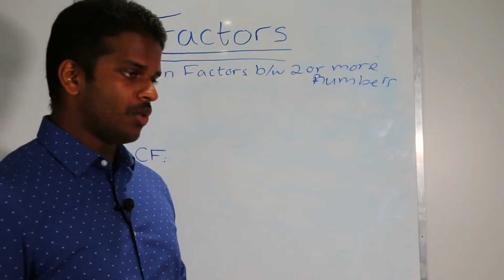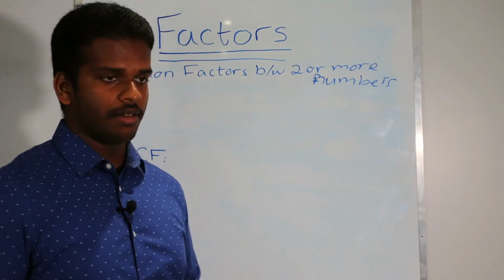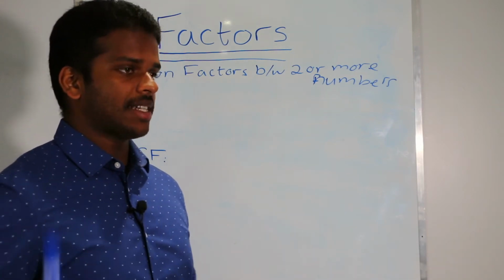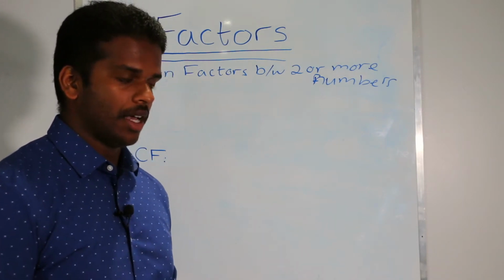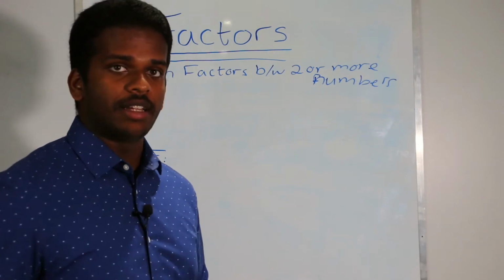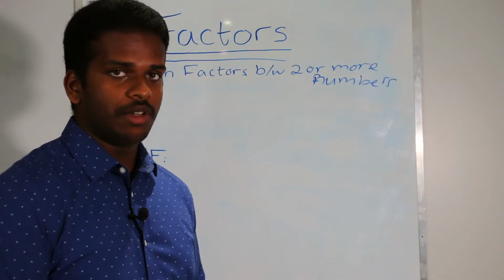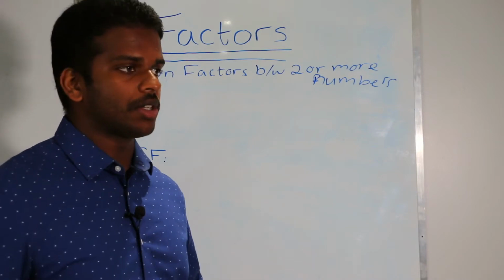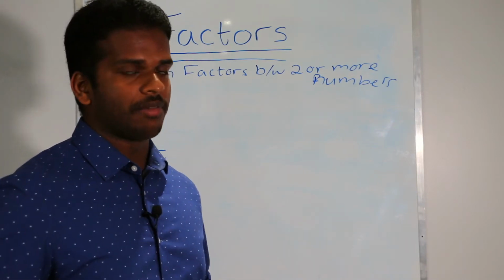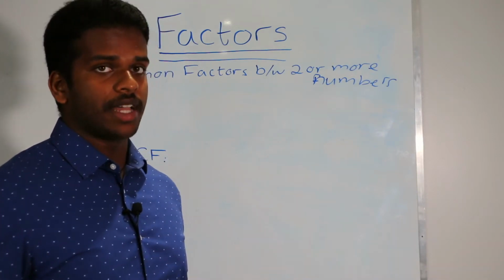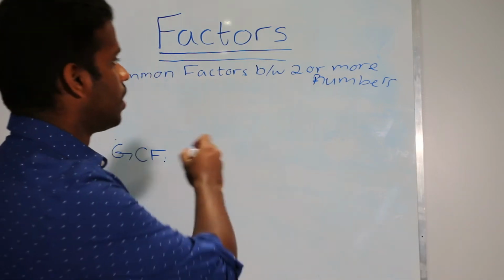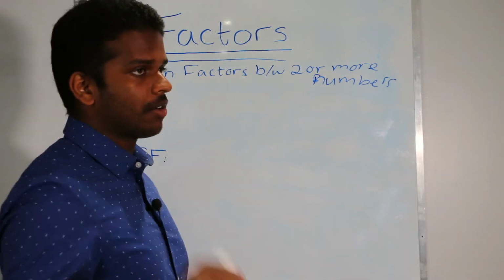You need to know this because in fractions, you will be asked on a test or an assignment to simplify the fraction. You'll solve the question and then they'll ask you to simplify it. So in order to know how to simplify it, we should know this first. That's why I'm including this in the series.